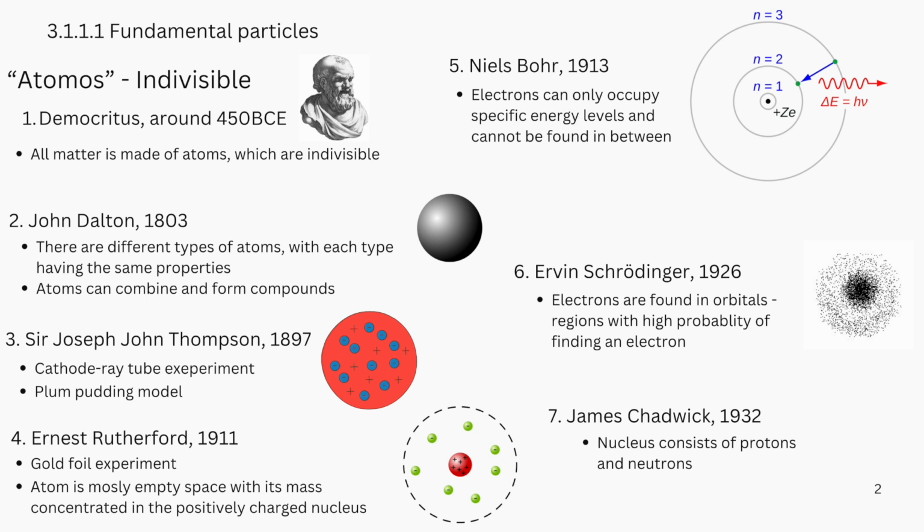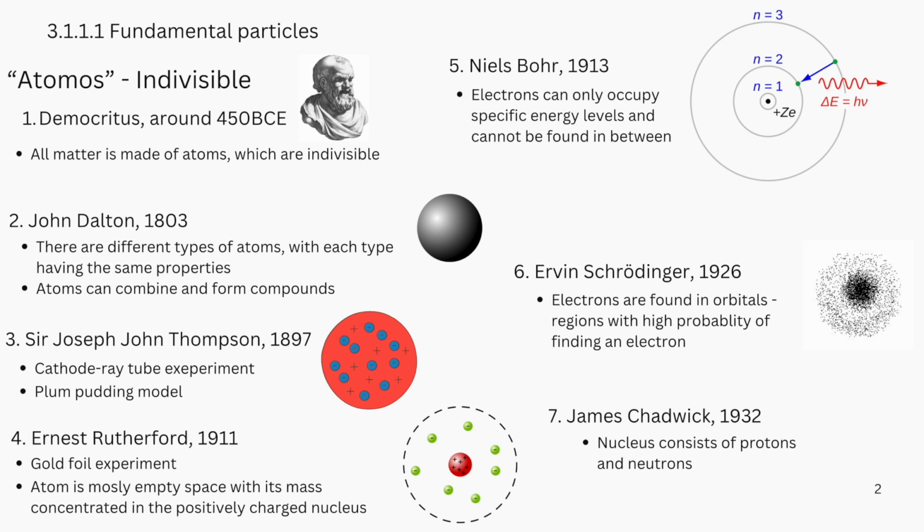However, some mysteries remained, such as the origin of spectral lines observed in atomic emissions. In 1913, Niels Bohr proposed a solution. He suggested that electrons do not move randomly within the atom, but instead occupy specific fixed orbits. Electrons could only exist in these orbits and not in between, which explained the spectral lines of hydrogen.